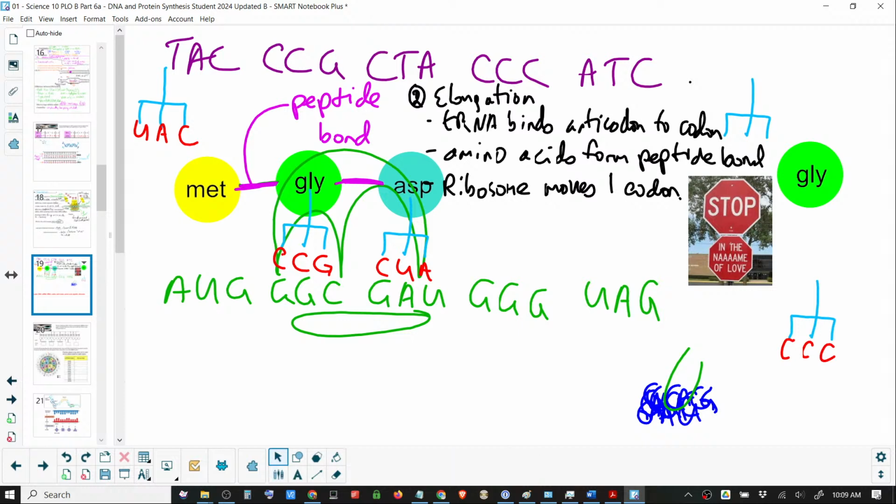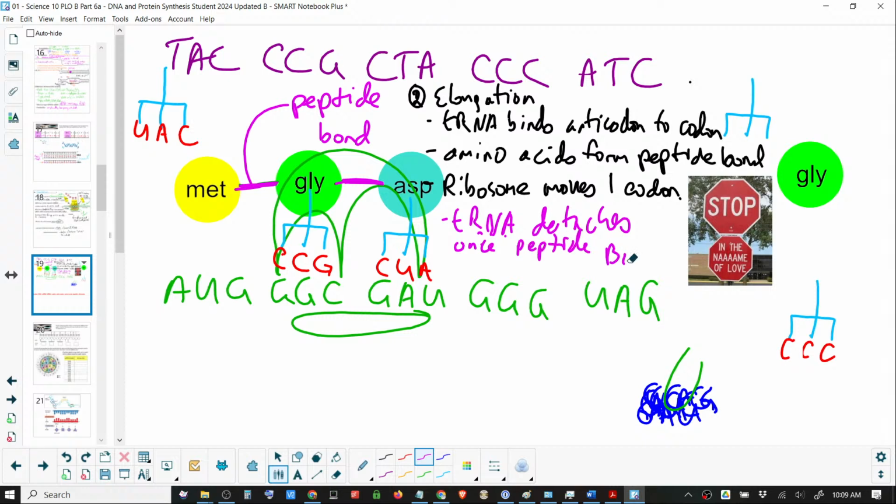Ribosome moves one codon. tRNA detaches. Once the peptide bond is formed, excellent.